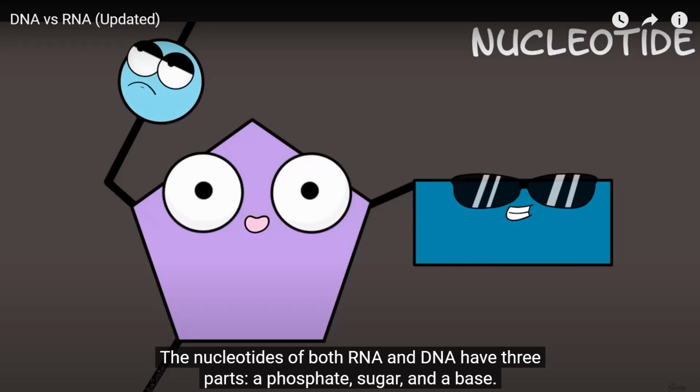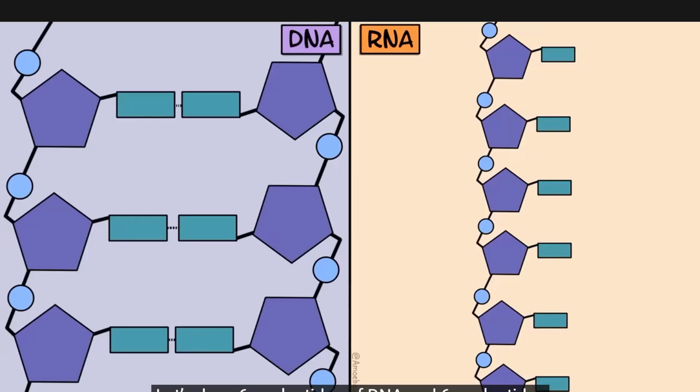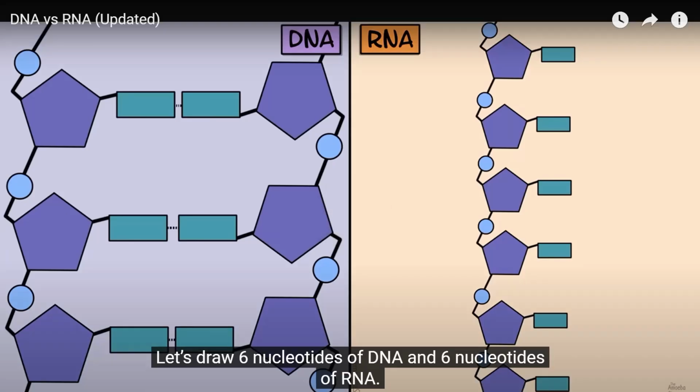What's the circle? Phosphate. What's the pentagon? Sugar. And what is the rectangle? Base. What do you notice that's different about the DNA and the RNA?